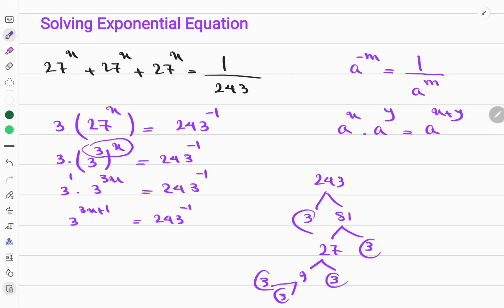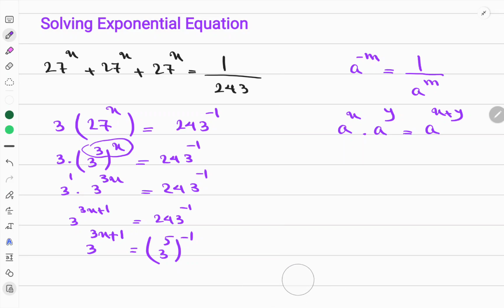We have 5 of 3 as prime factors. So you can rewrite 243 as 3 to the power of 5 raised to the power of negative 1. Okay, so 5 times negative 1 is negative 5.